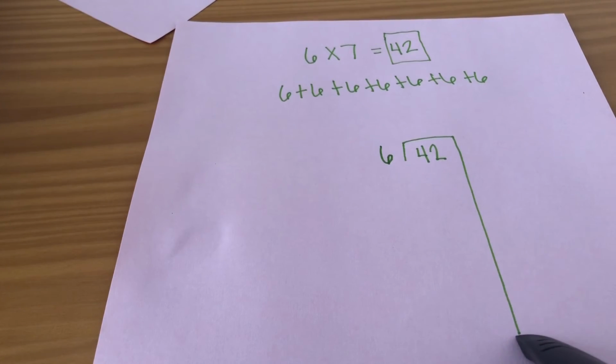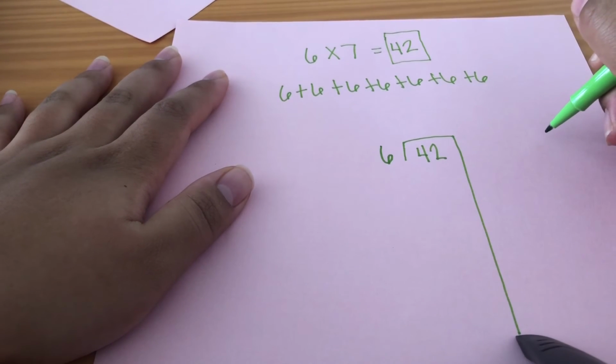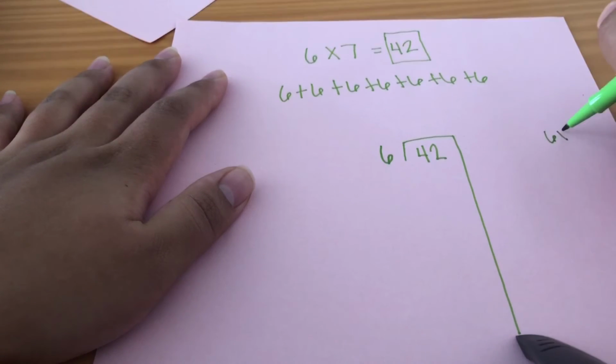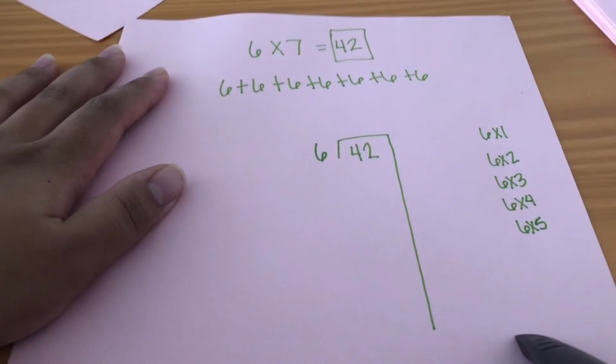So let's say I don't really know how many times 6 goes into 42. So what I can do is I can write my times table across right here. So I can put 6 times 1, 6 times 2, 6 times 3, 6 times 4, 6 times 5, and let's say that's as far as I can go for now.